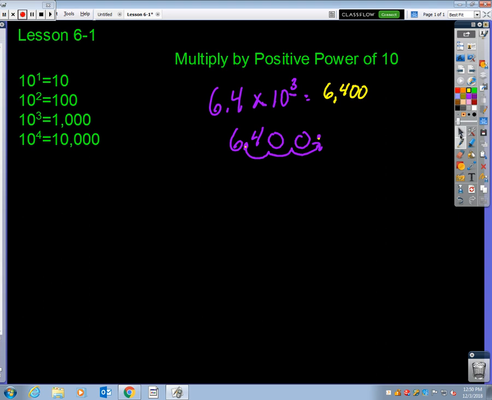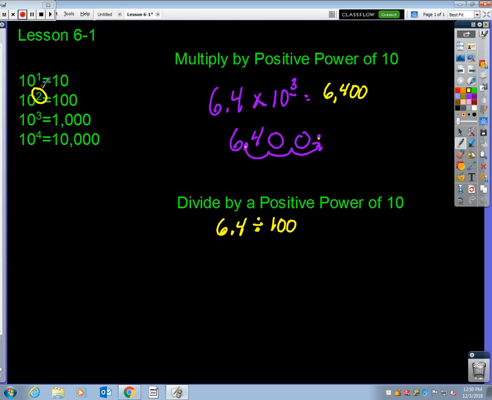And then we also talked about dividing by powers of 10. Since multiplication and division are just the opposite, now if I have 6 and 4/10 and I'm dividing by, let's say, 100 this time, well, 100 is really 10 to the second power, and that exponent tells me to move the decimal in 6 and 4/10 2 places.